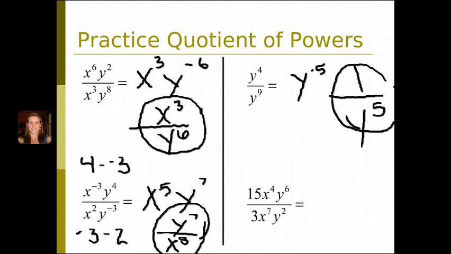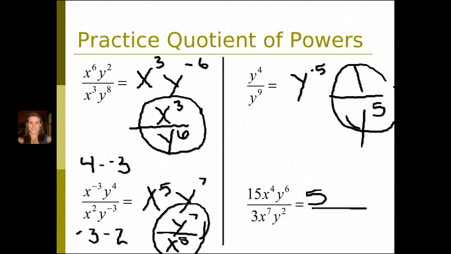The final problem we have is 15x to the 4th, y to the 6th, over 3x to the 7th, y to the 2nd. We have to remember that when we see numbers or integers in our division problems, we can divide those. So we have 15 over 3, or 15 divided by 3, which will give us a 5. Then we have our like bases.